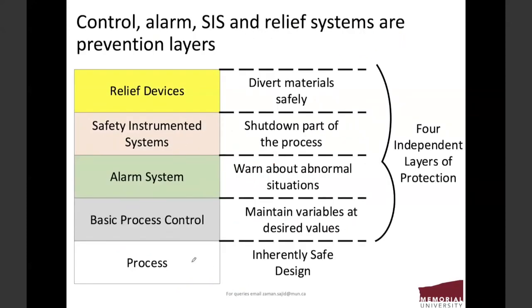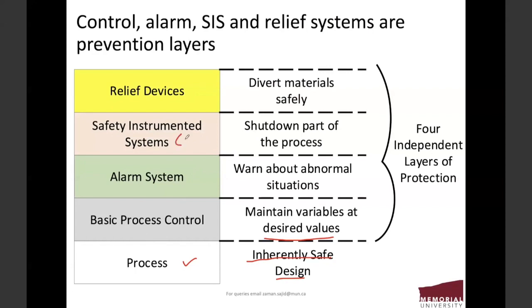So we started with our process. First, we try to make our process an inherently safe design. The next step was that we maintain the variables at the desired values, which was through the basic process control system. Our third layer was the alarm system, which warns about abnormal situations. And the safety instrumented system was the next one.